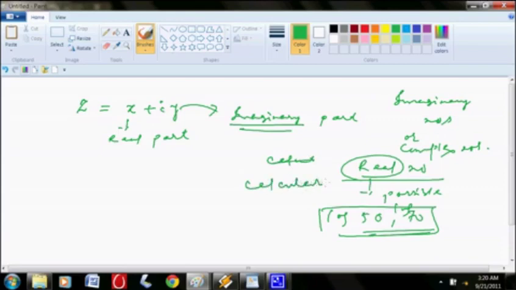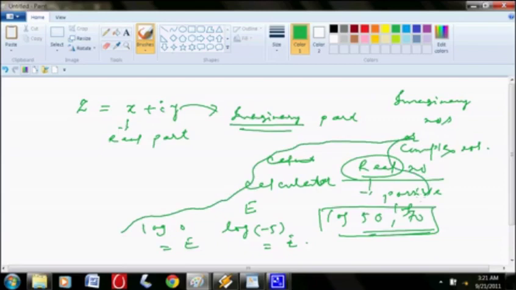If your calculator gives an answer which is real, which is a possible answer, fine. If it's an imaginary number, it will give a symbol like this. So if you by chance put log of minus 5, then it will give you an answer like E. You can check in your calculator, log of 0 will give an answer like E. So these are not real numbers. Out of the complex numbers, we are discussing for the moment square root of minus 1.